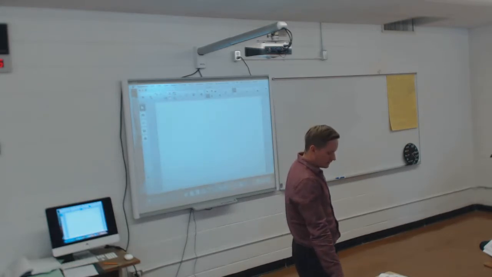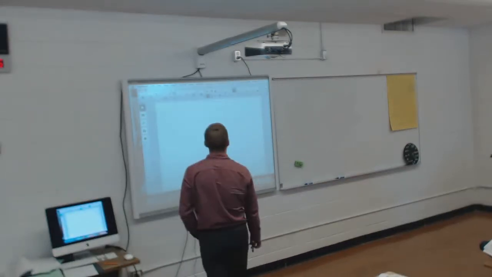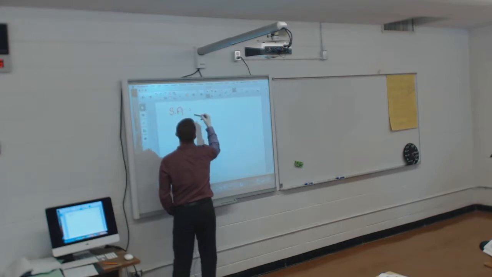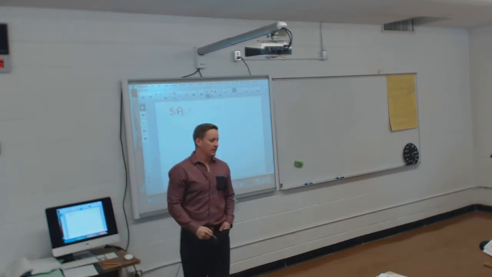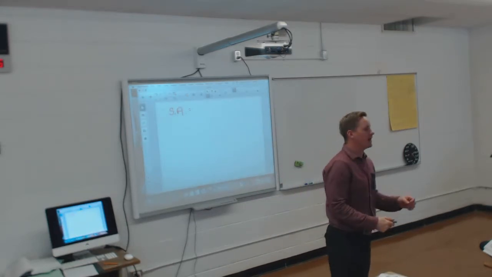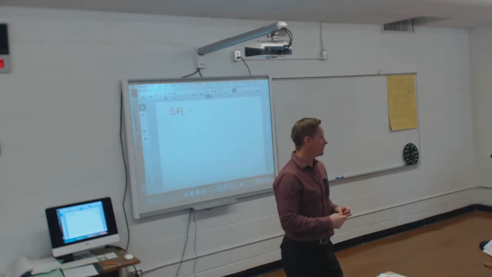Now I say that because the next question here is with a right pyramid. The right pyramid has a square base with a side length of 16 and a slant height of 12 centimeters. So I want to find the surface area of it. Okay. So to begin with, look at the base of that pyramid. How do I find the area of the base of that pyramid? Length times width, correct?